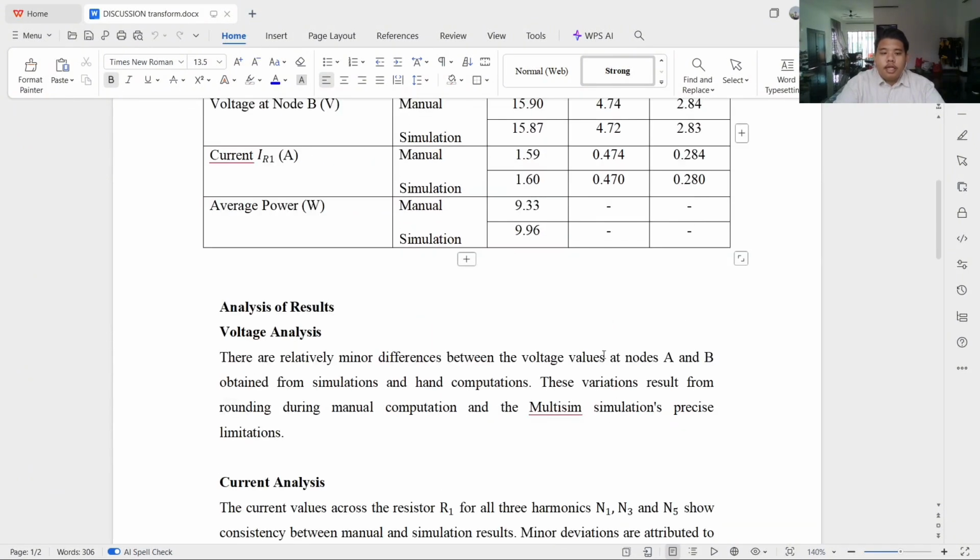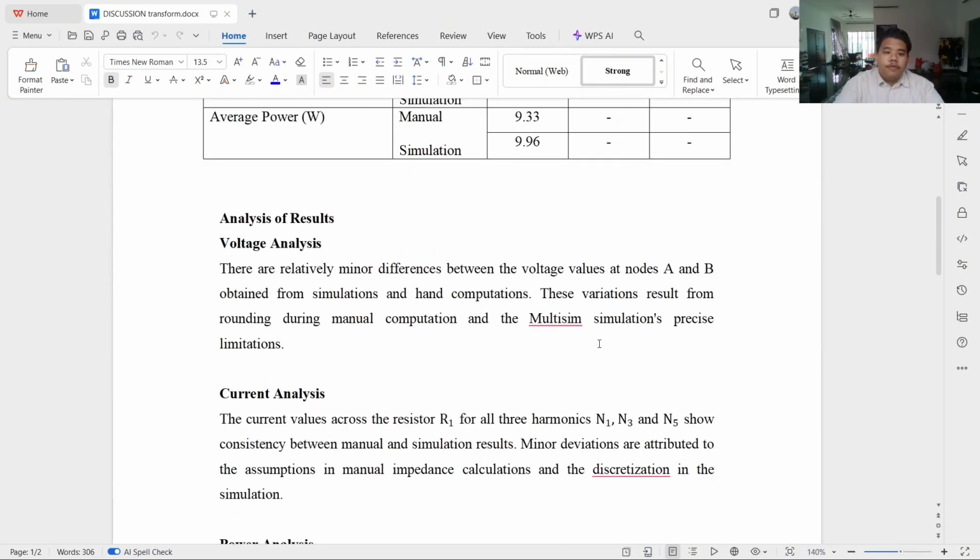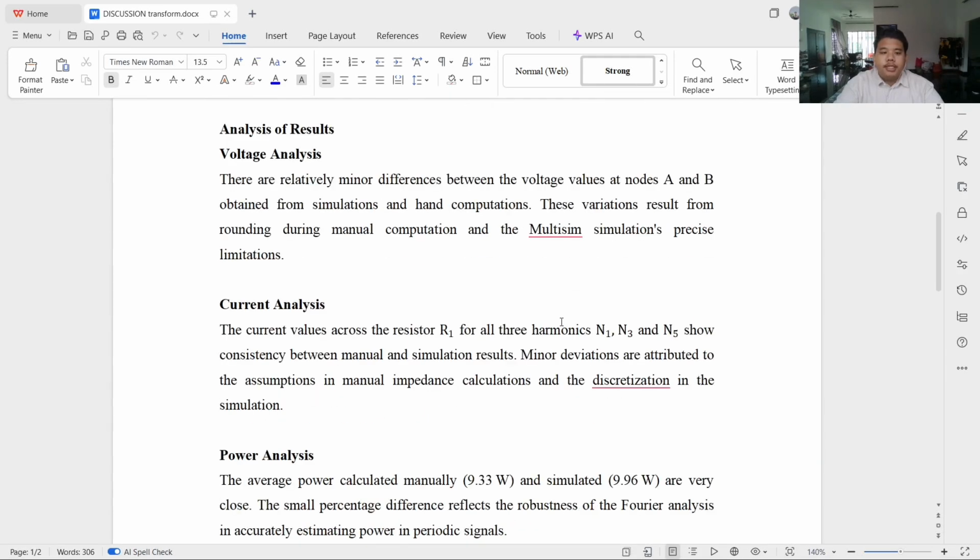Next, analysis of result. The voltage analysis: there are relatively minor differences between the voltage values at nodes A and B obtained by simulation and manual calculation. This variation results from rounding during manual computation and the Multisim simulation's precision limitation.